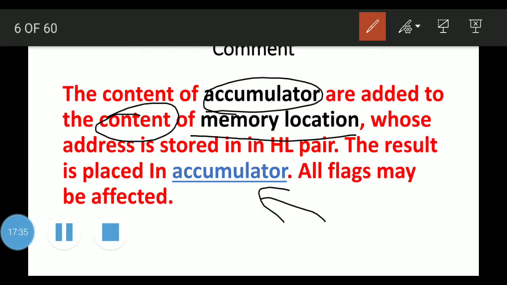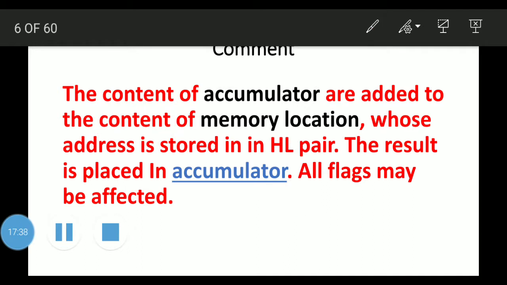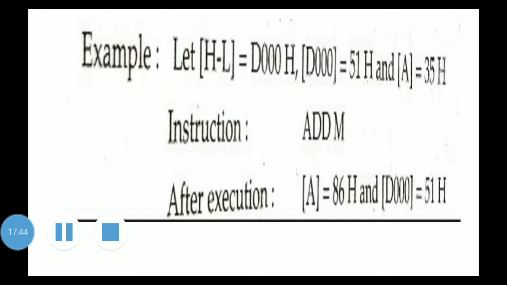Let us consider one example of this instruction. On the screen you can see HL points to the address D000H. Now what is the content in D000? It is 51H. And what is there in the accumulator? 35H. In D000 it is 51. We are going to see the content of this location, 51, and the content of the accumulator.